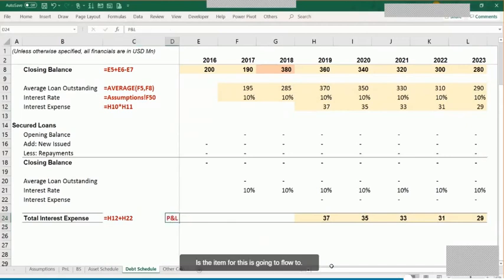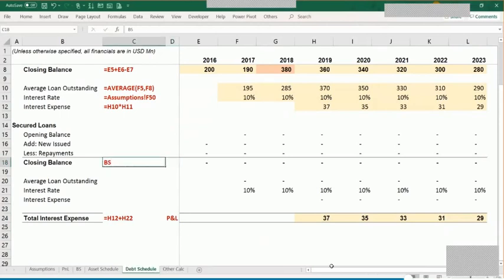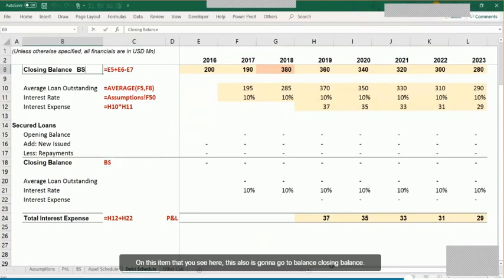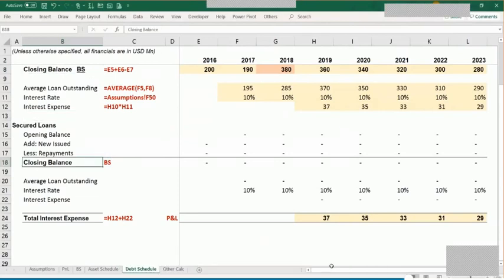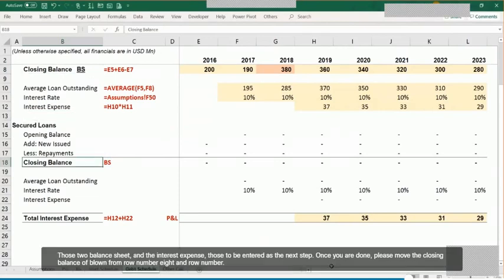This is going to flow to P&L. And what flows to balance sheet is basically this. This is going to flow to balance sheet. And this item that you see here, this also is going to flow to balance sheet. The closing balance of the loan flows to balance sheet and the interest expense flows to P&L.